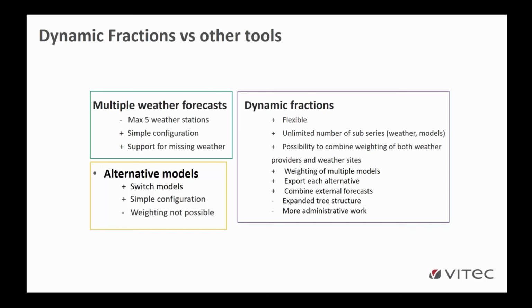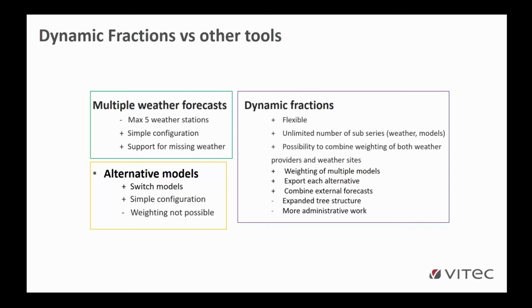With the dynamic fractions, if you set different models on model place 1 and have them set up as copies of one forecasting series and add them up with dynamic fractions, then you can utilize both the alternative models and use a mixture of them instead of always using one or another. So this way we're again trying to optimize the result for you.